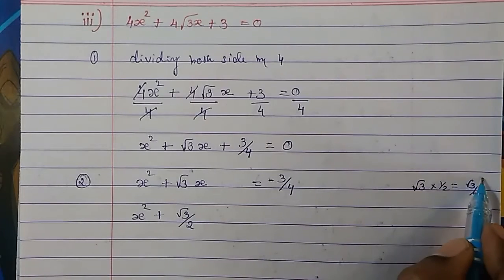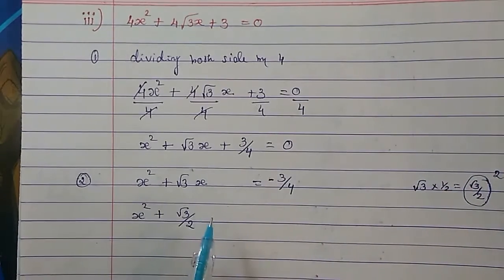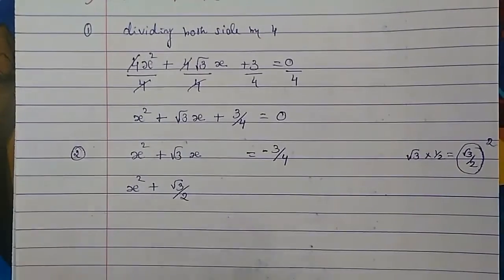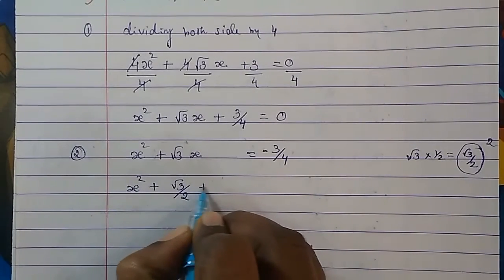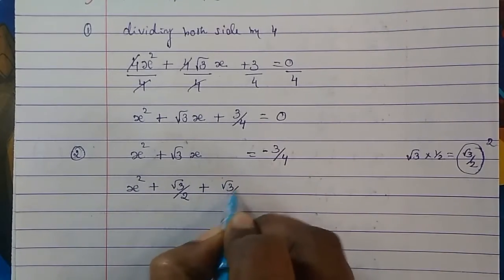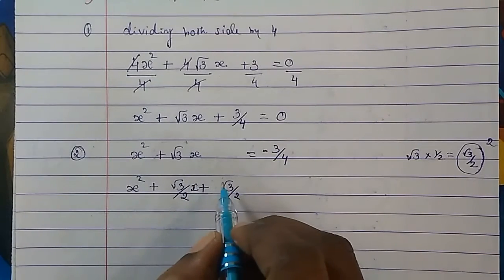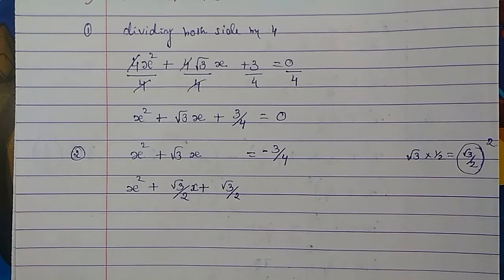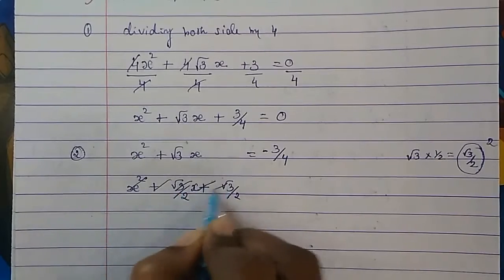So this is what you will get. Now what you will do? This whole thing, the square of it, once you will add and once you will subtract. This step is very important, this second step. Don't make a mistake here. One second, I'll do it once again.